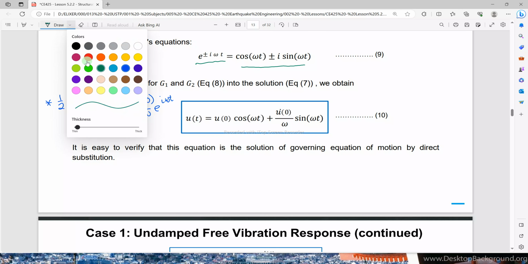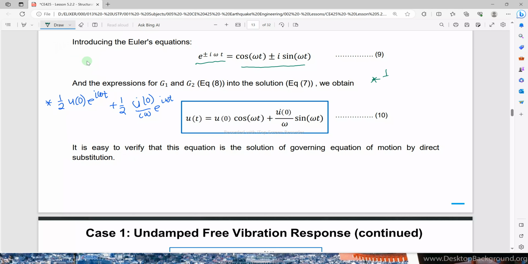And then for our other part, the second part, we have one half u of 0 e to the negative i omega t minus one half u dot of 0 over i omega e to the i omega t.